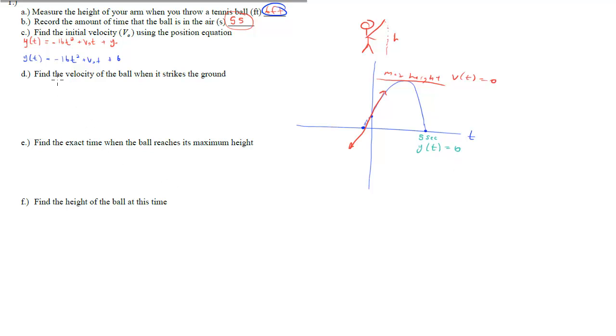So let's do that. 0 equals negative 16 times 5 squared plus v naught times 5 plus 6. Okay. And then I'll use my calculator real quick. And you just need to solve for v naught. So v naught is going to be 16 times 5 squared minus 6 over 5.